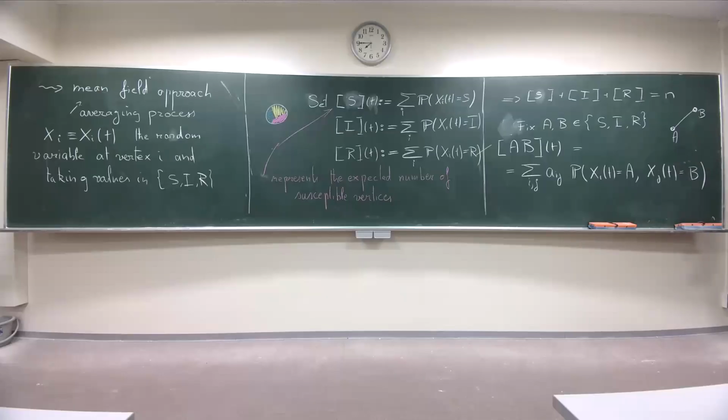So the connection is encoded into the A_ij, with 1 vertex in the state A, 1 vertex in the state B at time t.